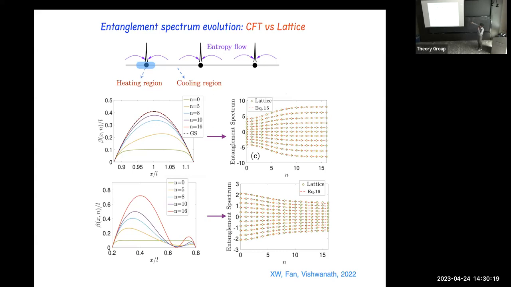In particular, only the low energy part of this entanglement spectrum is important for the entanglement property. On the right, the red dashed line is the CFT result for the entanglement spectrum in the cooling region and the heating region, and the green dots are the lattice result. We compare the field theory and the lattice calculation, and they really agree with each other.